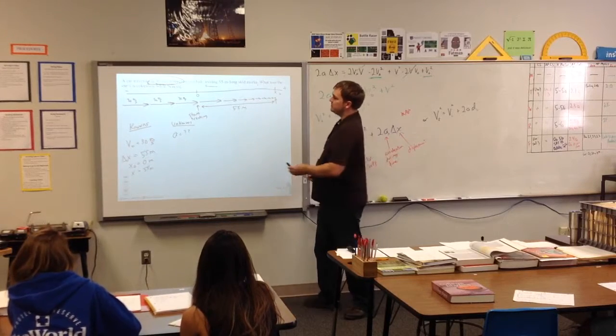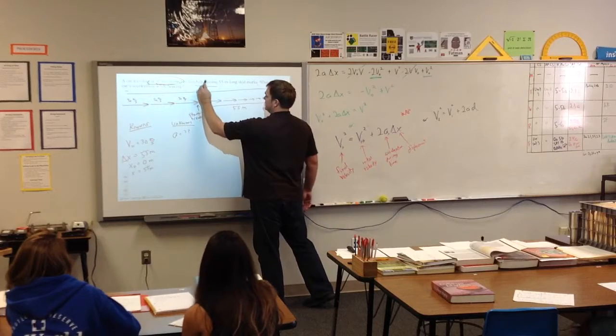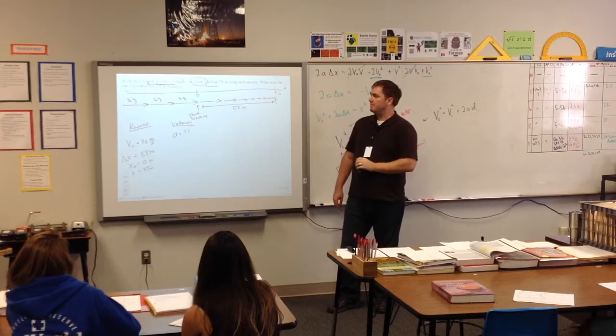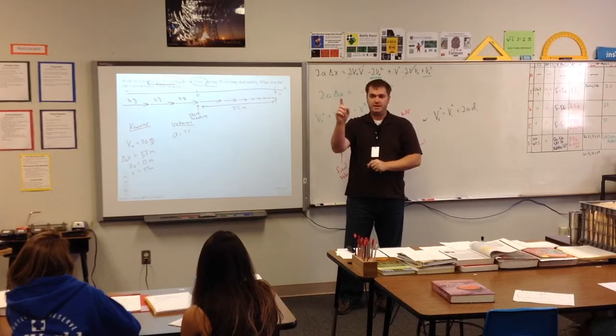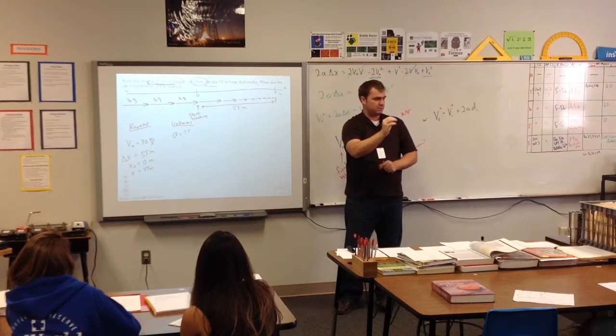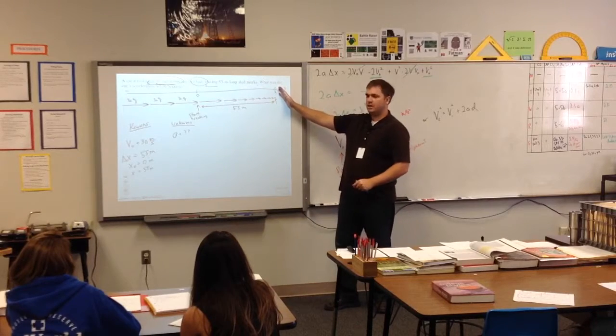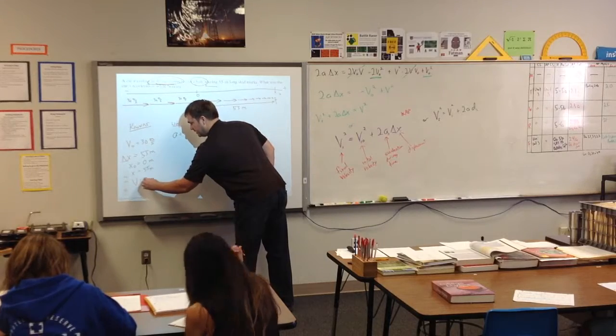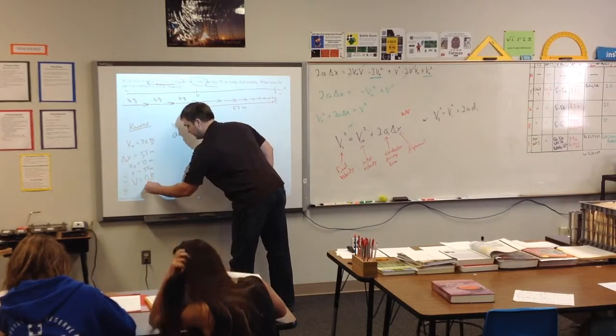Here's where the hint is. It is decreasing, but it decreases to a halt, which means 0. When it finally comes to a stop right here, the final velocity is 0 meters per second.